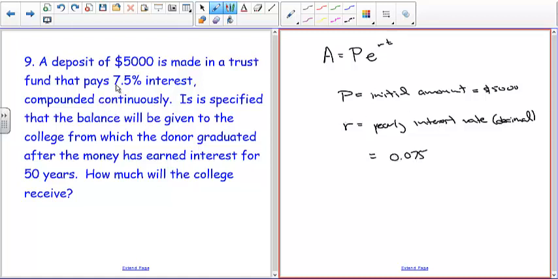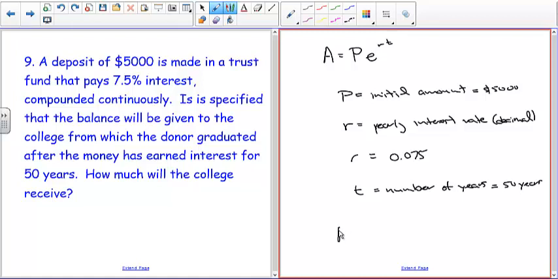So you take this number 7.5 and divide by 100, and that gives you the decimal equivalent. And t is the number of years. In our case, it's 50 years.